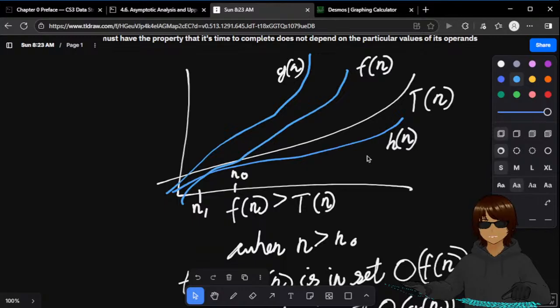Now you may be wondering that I can always write a c that makes h of n bigger.